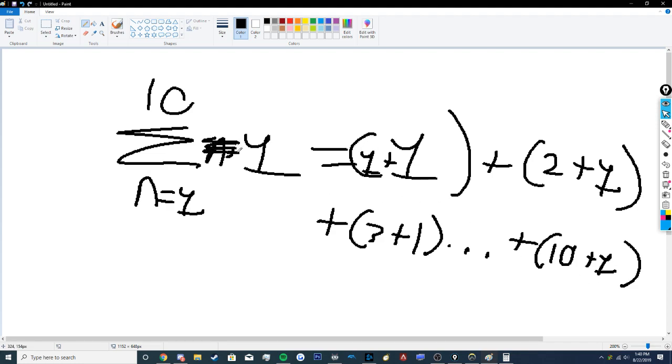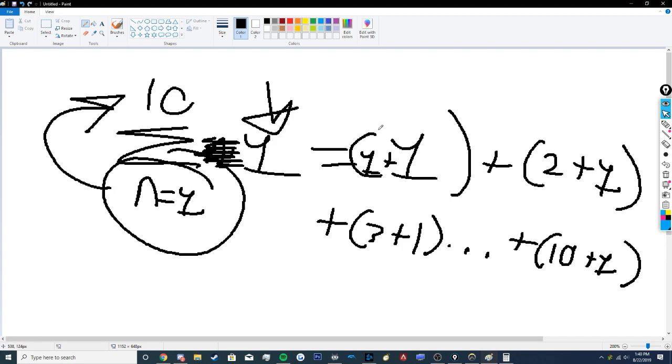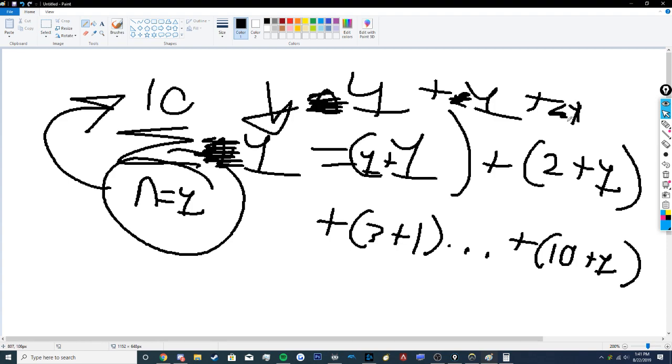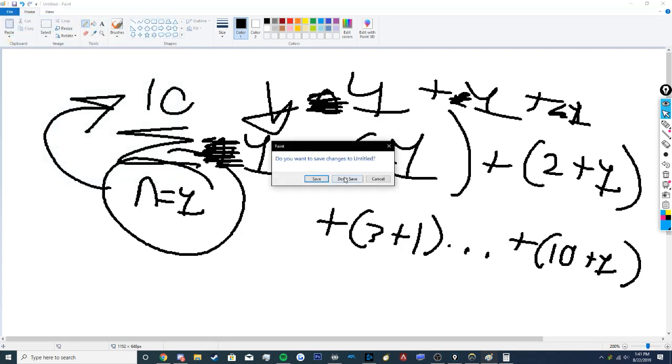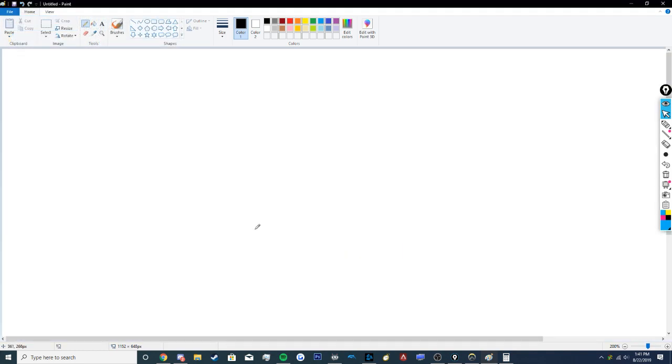So if this n didn't exist, it would just be 1, and you would do that 10 times, because that would be the counter of the amount of times that you would add these together. It would just be 1 plus 1, because the n doesn't exist, so that's just nothing. So you do that 10 times, and that'd be it. There's your math lesson. Bam. So that's sigma notation.